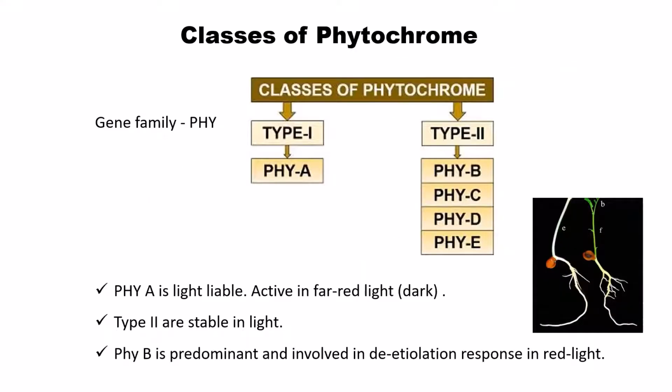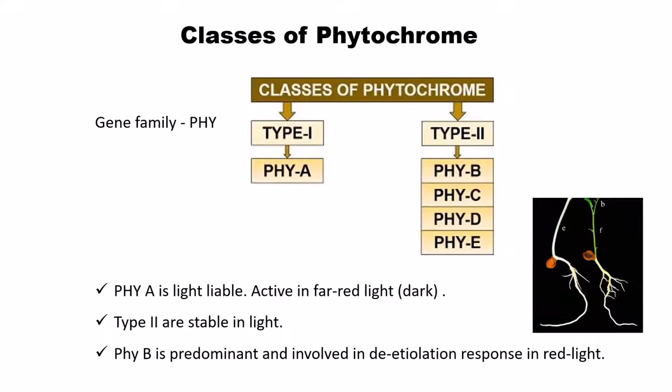Next is the classification of phytochromes. Phytochromes are classified into type 1 and type 2, which differ in the apoprotein component, that means the polypeptide chain.